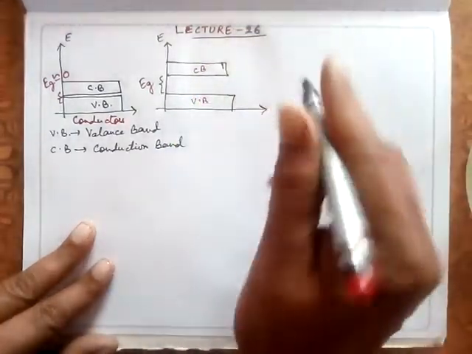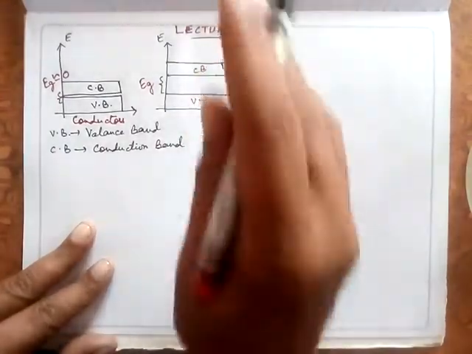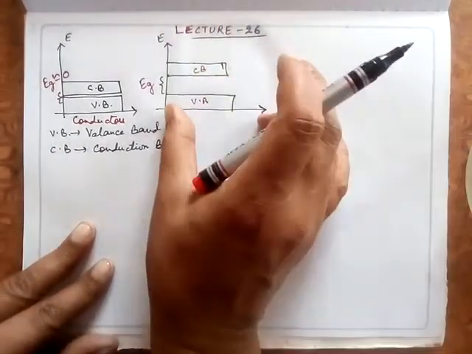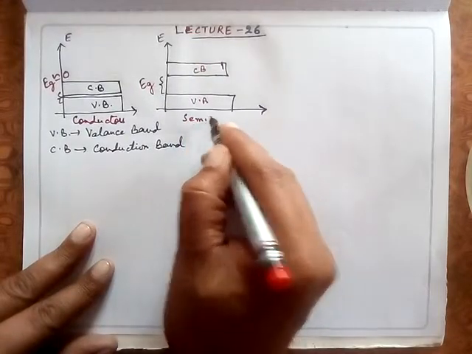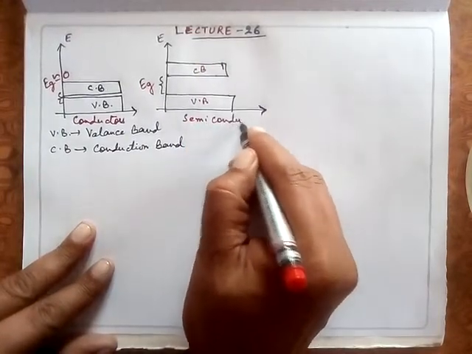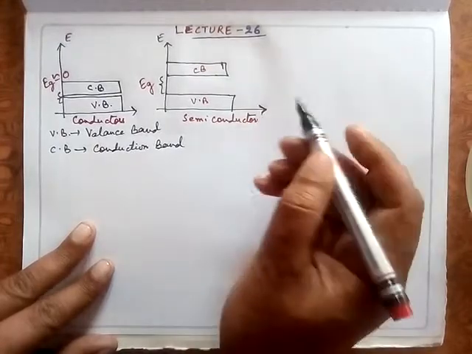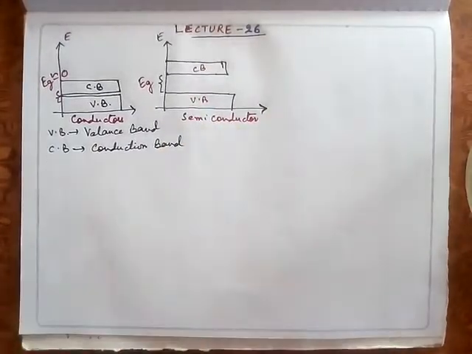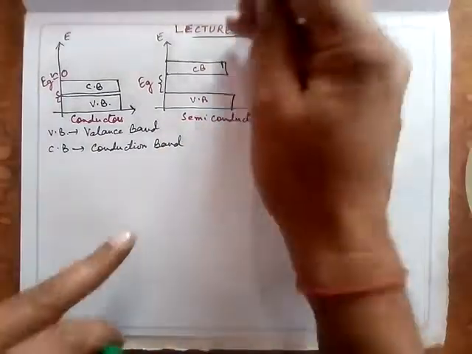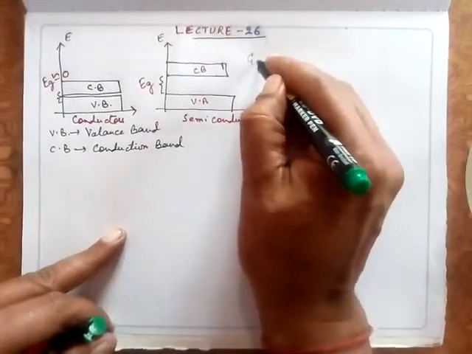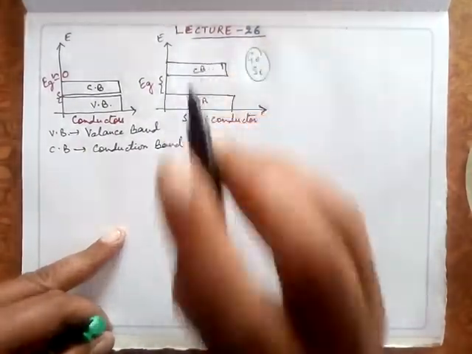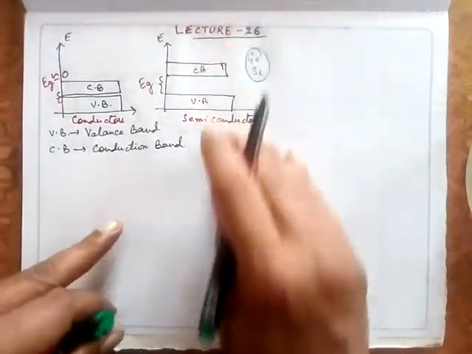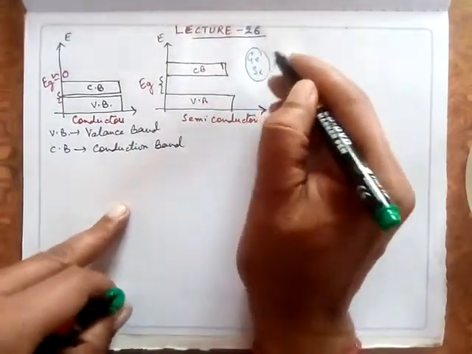Now if this energy gap Eg is less than approximately 2 or 3 electron volt, such elements come under the category of semiconductor. Normally we use germanium and silicon as semiconductors. Of course, gallium arsenide is also there, but we'll consider germanium and silicon.